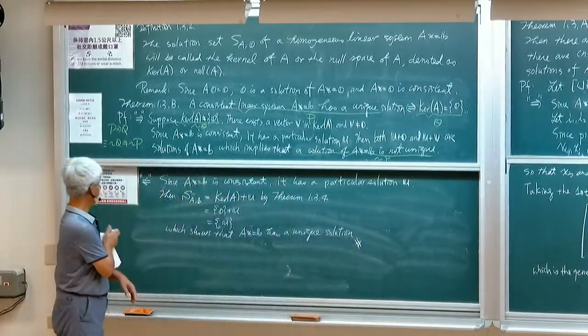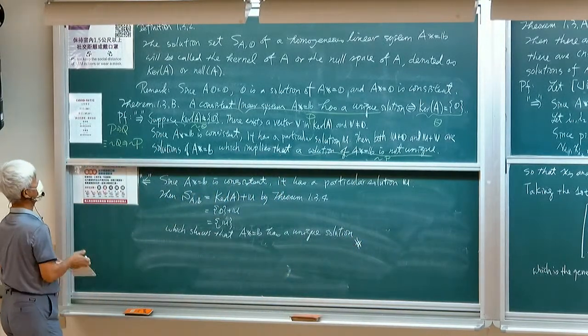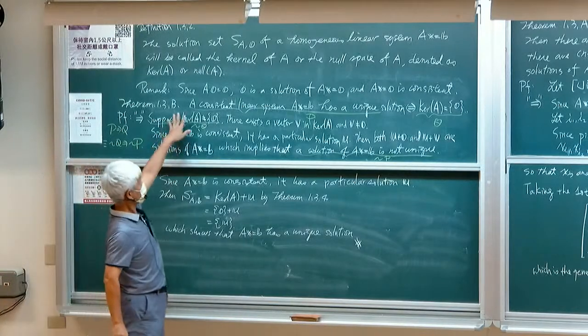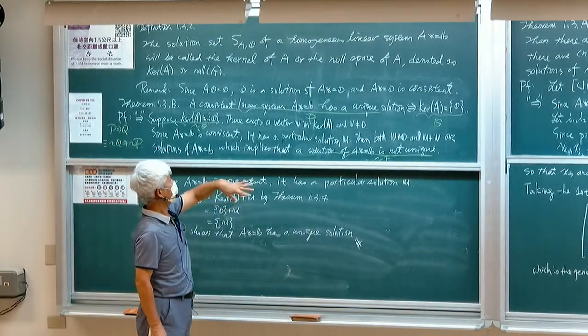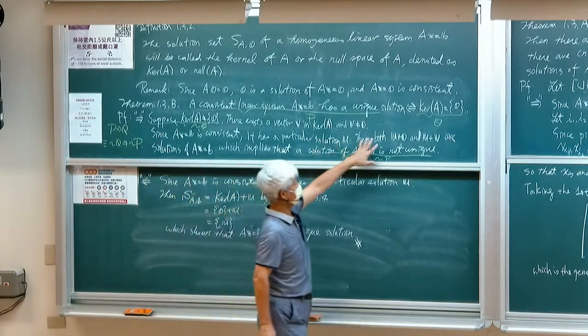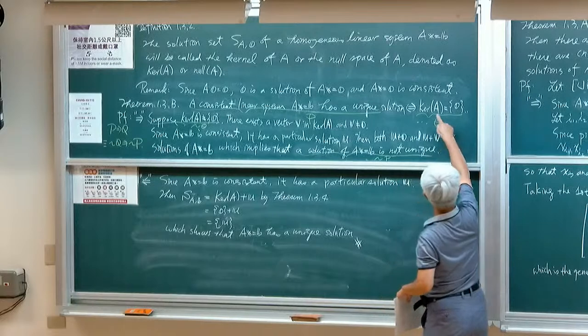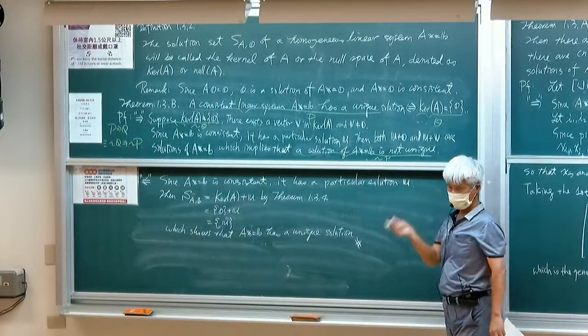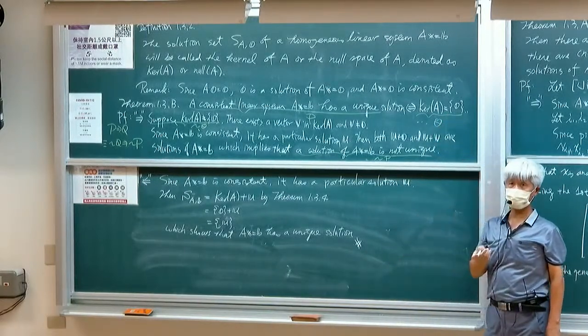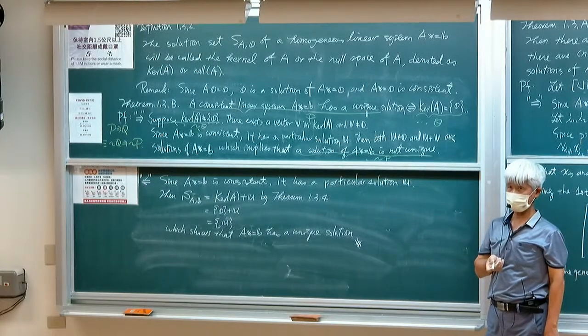Okay. Right. So a consistent linear system has a unique solution if and only if the kernel of A is trivial. Trivial means that it consists of only the zero vector.